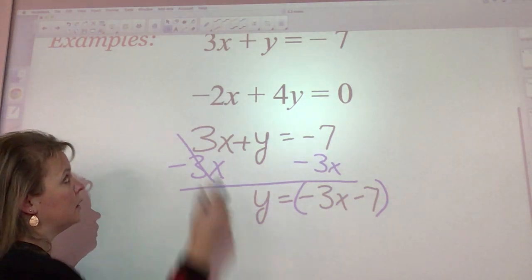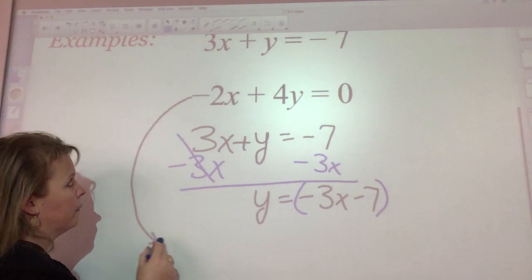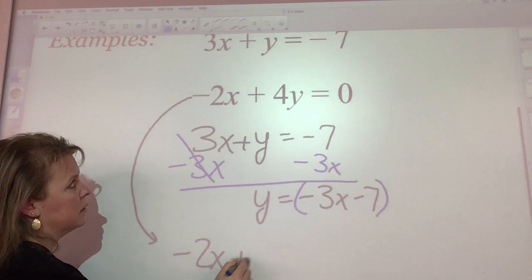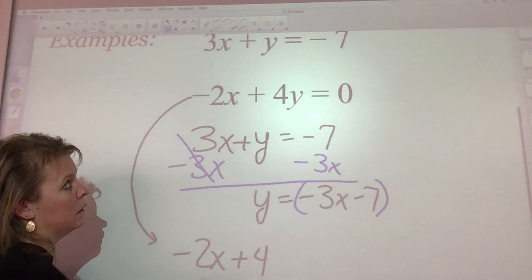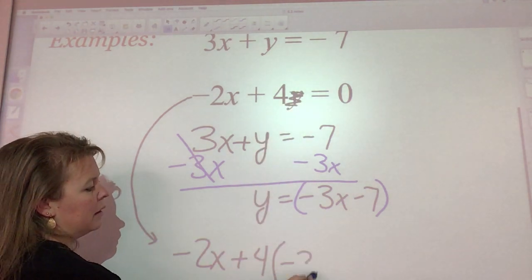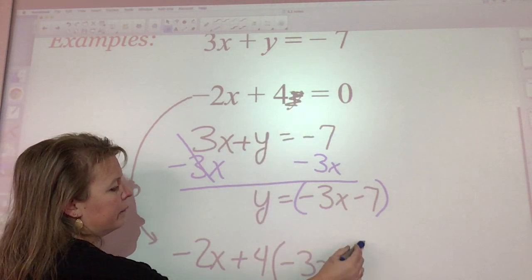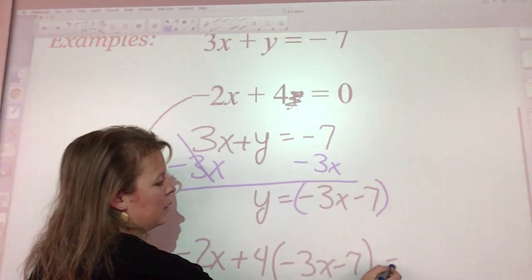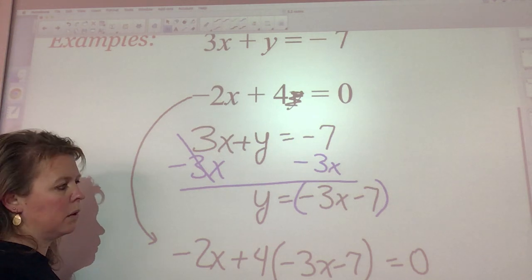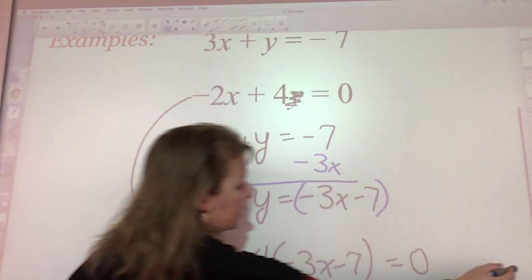So rewrite this equation down here as negative 2x plus 4. We're substituting and getting rid of this y and going with negative 3x minus 7 equals 0. This should look familiar.